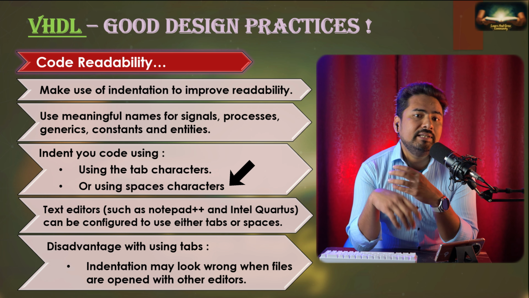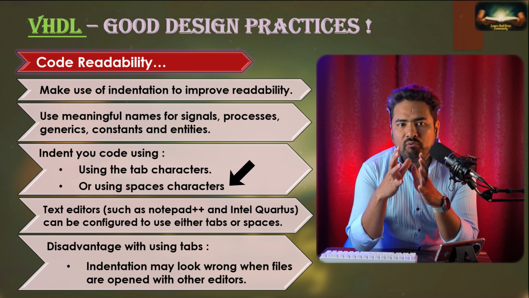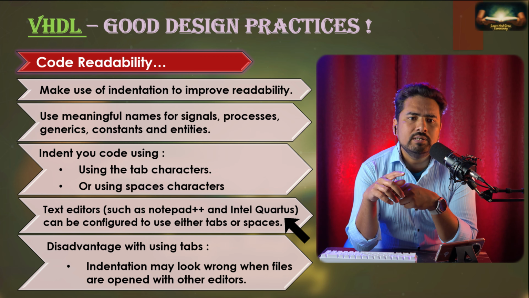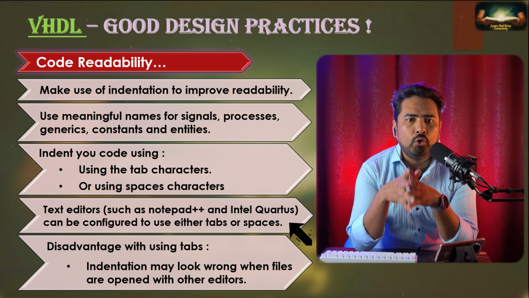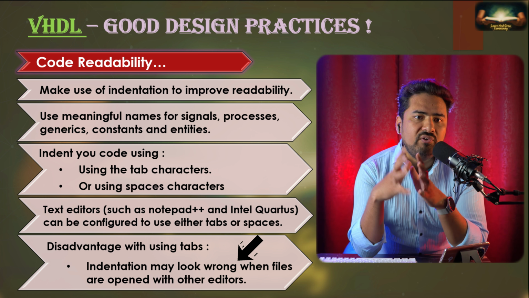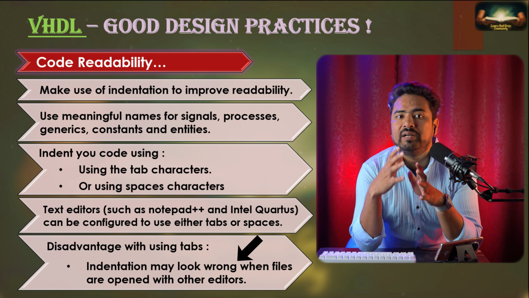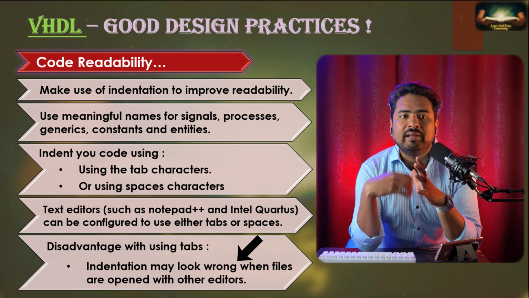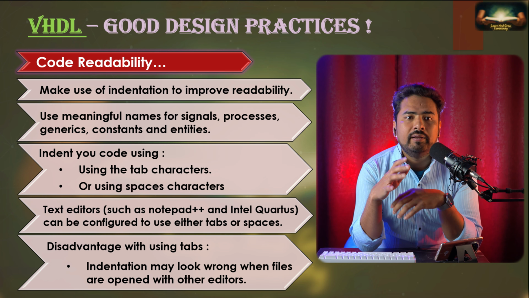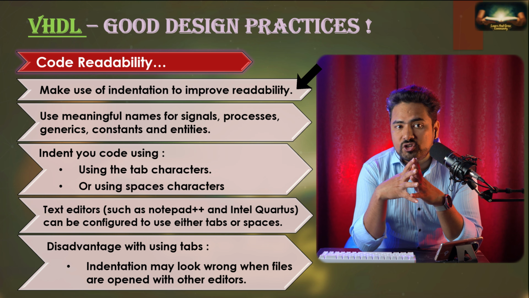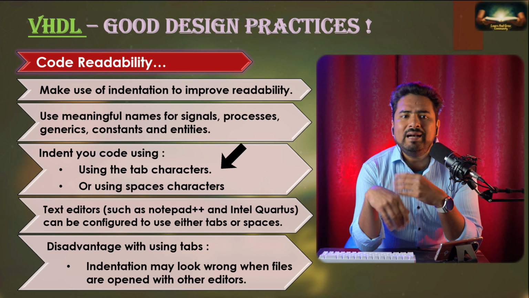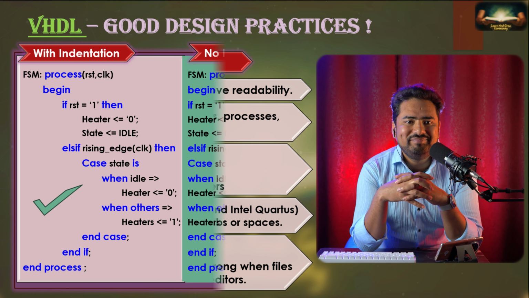Spaces are a much better choice when you are working on different editors like Quartus, Notepad++, Notepad, etc., because different editors sometimes display tabs with different gaps, which can create difficulty in your code alignment. But the only point here is to use indentation in your code, either tabs or spaces. So let's understand this in the next slide.